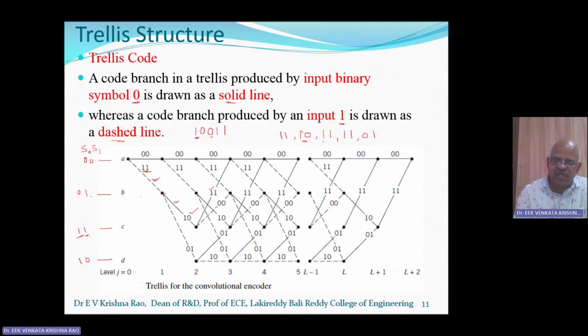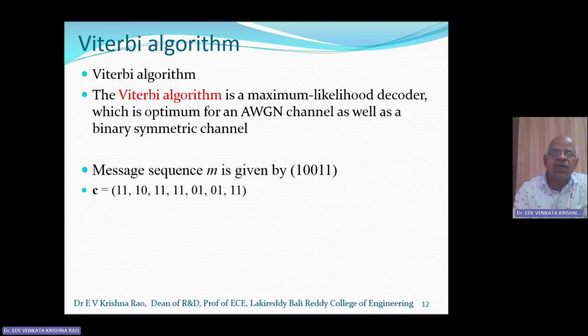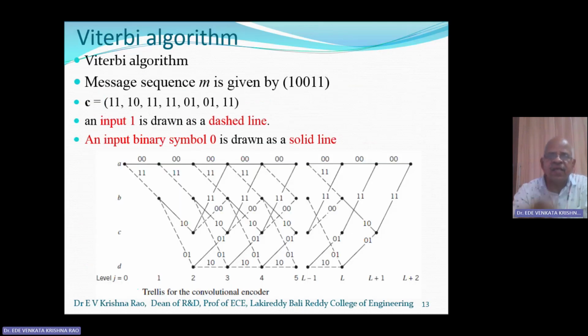So using this trellis diagram, how do we retrieve back the original message in the Viterbi algorithm? Assume for all the messages the code output is drawn, and the code outputs are given here.